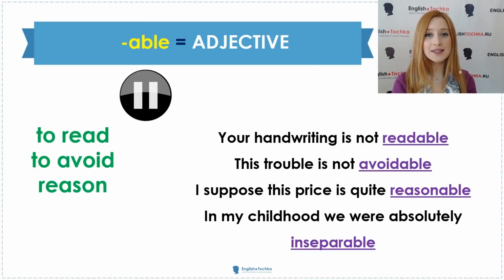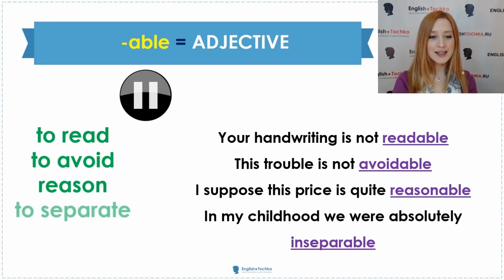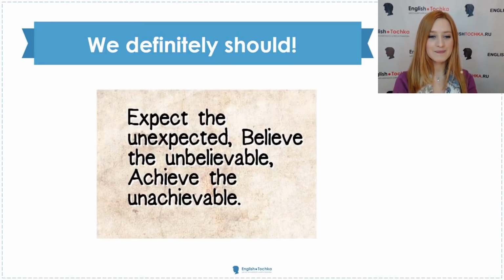A reason is a cause of something. So when the price is reasonable, it is a good price. We can understand why it is so big or so small, or it is just reasonable, an okay price. To separate someone from someone else or from something means to divide them and put them in different places. So that's to separate.